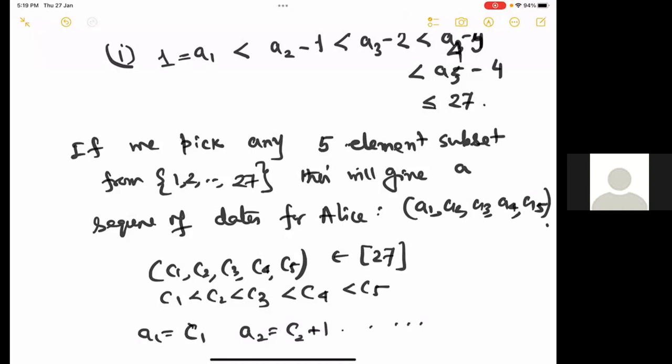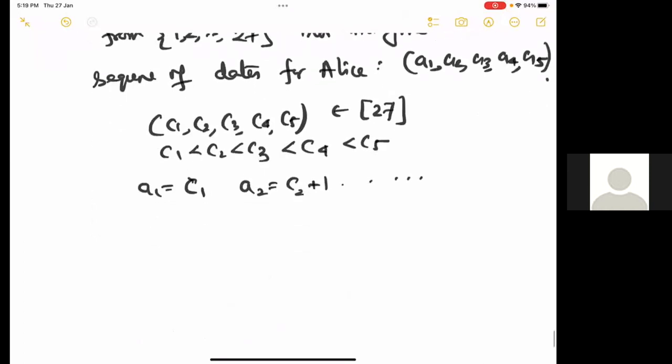This is clearly an association, a bijection. So the number of ways is 27 choose 5.